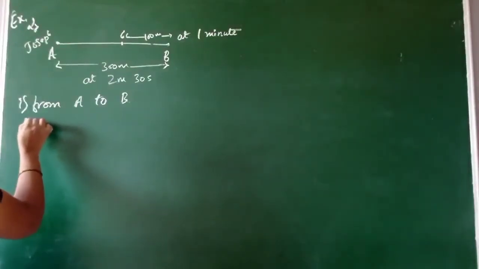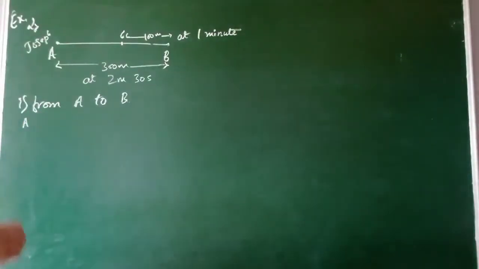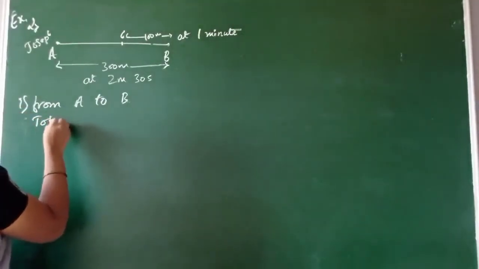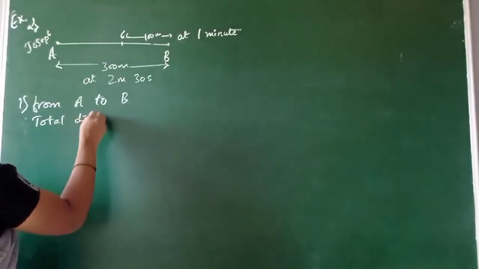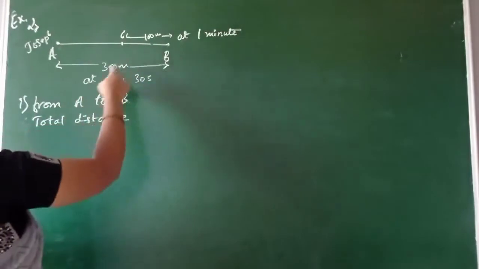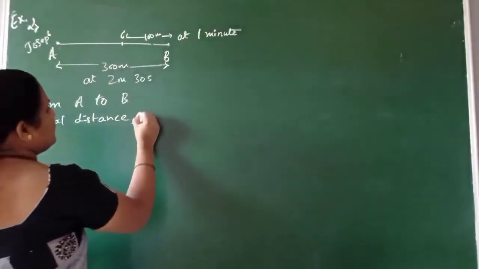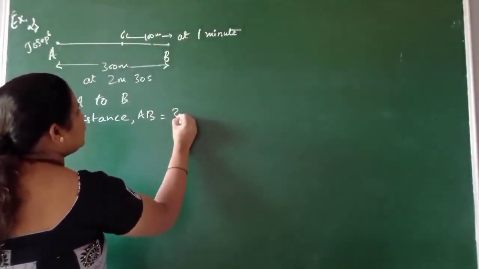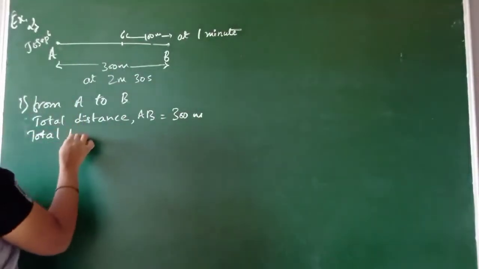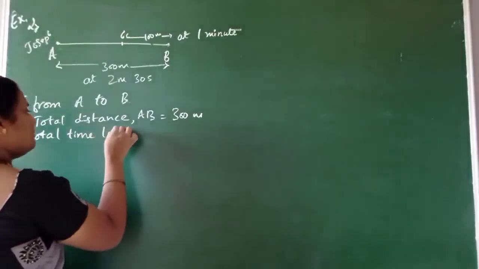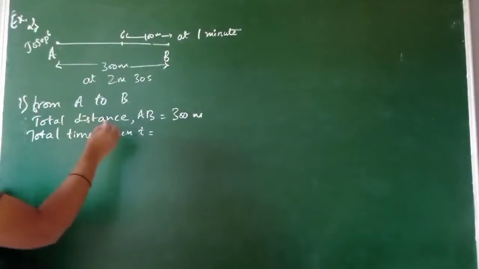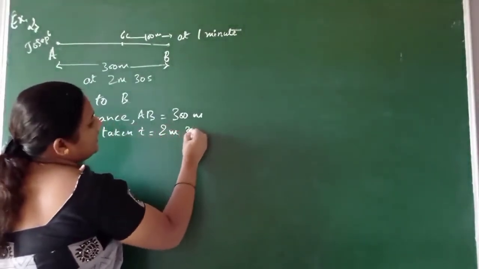In order to calculate average speed, we want the total distance. Isn't it, children? How much will he cover from A to B? That is 300 meters. AB is equal to 300 meters. Similarly, total time taken T is equal to what? 2 minutes 30 seconds.